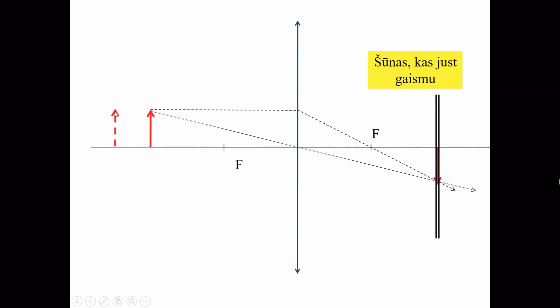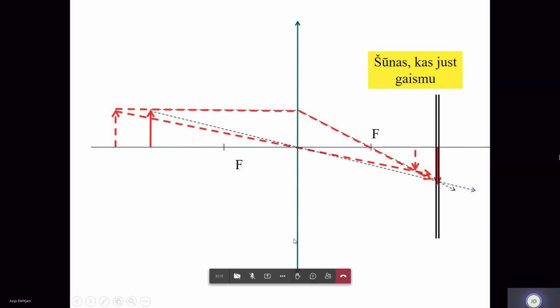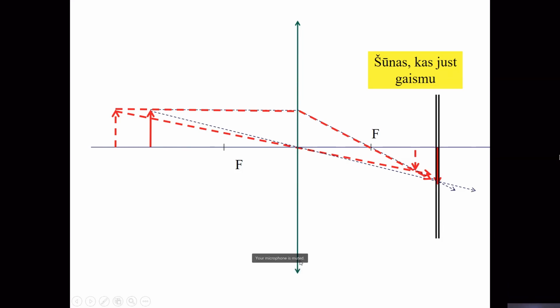If the object is here, its image is here, and we don't see this object well. We don't have the ability to deform the lens, because the muscles are not able to do this, because the lens is already so strong. So we are forced to do something to compensate for this defect.